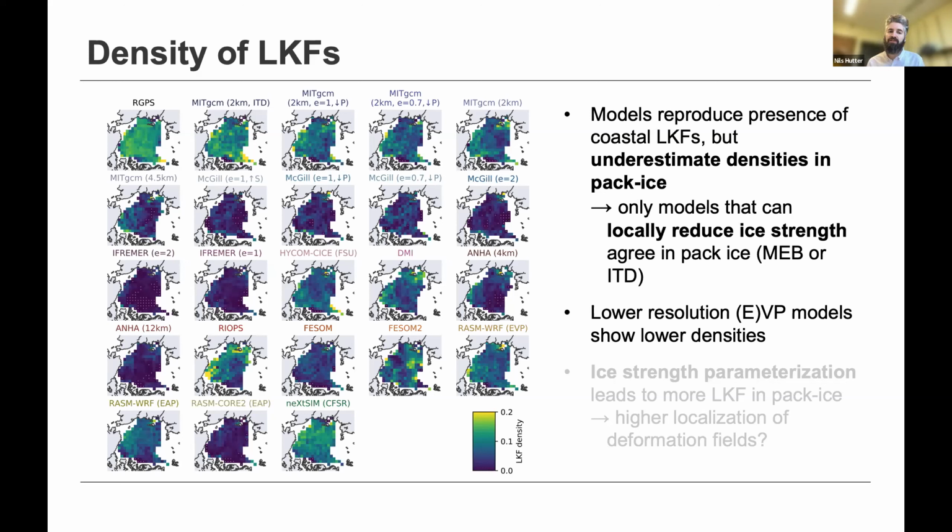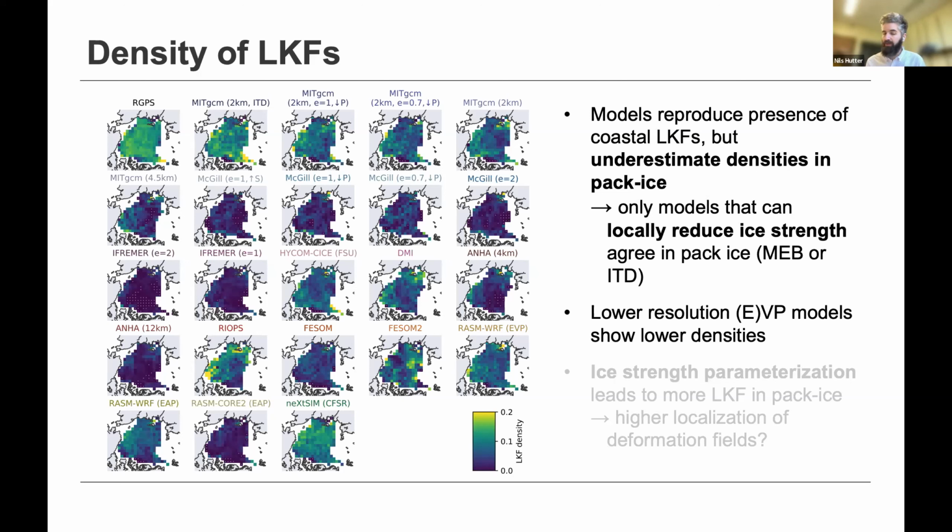And the only models within the RGPS interannual variability in our comparison that reproduce pack ice LKFs reasonably well are models that have the ability to strongly locally reduce the ice strength in pack ice. One way to do this in the MEB rheology is the damage parameter that we have in there. The other simulation that is able to do so is the MITgcm Paloma ITD simulation, which, by the combination of the ITD and the Rothrock ice strength, is able to have strong gradients in the ice strength.